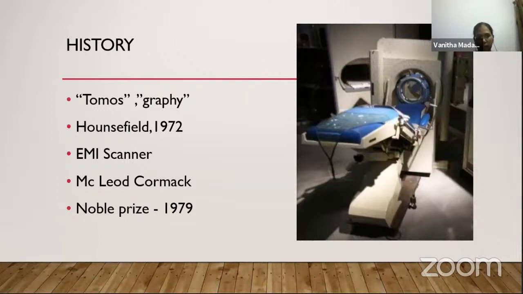The first commercial CT scanner was invented by Sir Godfrey Hounsfield in 1972, who is a British engineer, when he was working in EMI Central Research Laboratories in Hayes, UK. Hence, it was called the EMI scanner, and the picture beside shows the EMI scanner, which was limited to scanning only the brain.